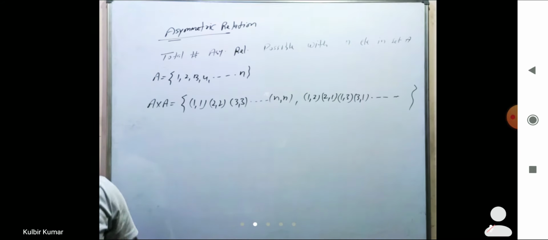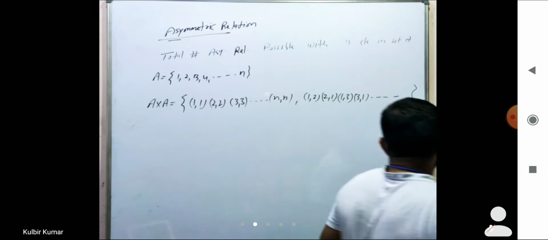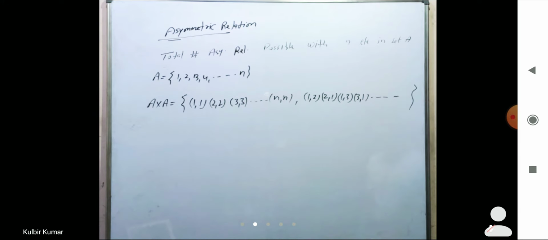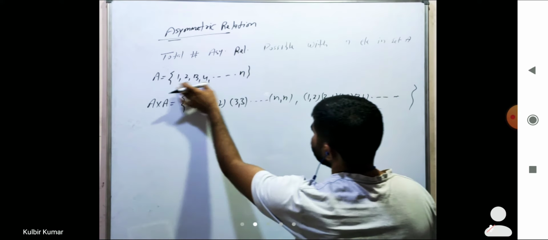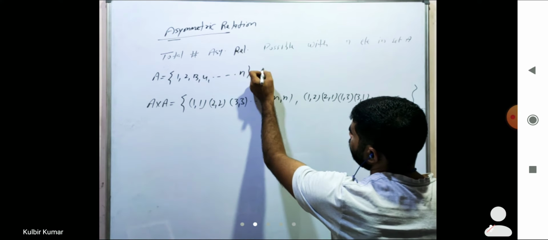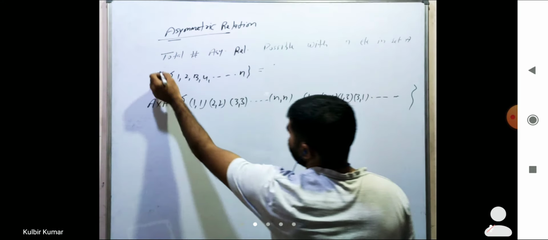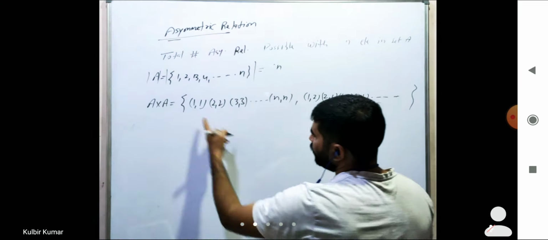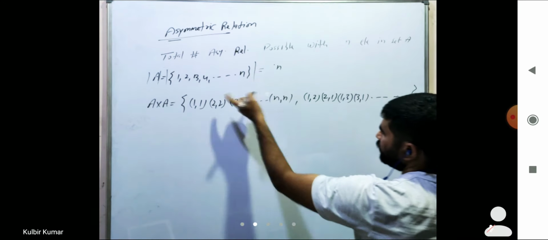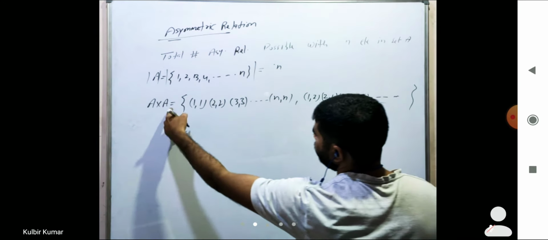Okay, so let me solve this one. What is given? A cross A. So we can say the cardinality of A is n. Then what will be the cardinality of A cross A?